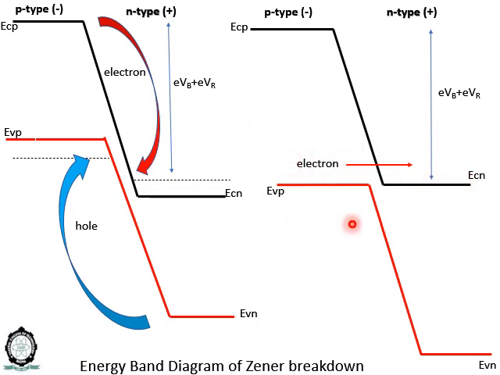The covalent bonds are broken and electrons get the force to go from p to n, and the depletion layer is very thin. That's why, instead of jumping from the valence band to the conduction band, the p type electrons easily penetrate the depletion layer and arrive in the conduction band. In this way a large number of electrons accumulate in the conduction band, and a large reverse current is generated.